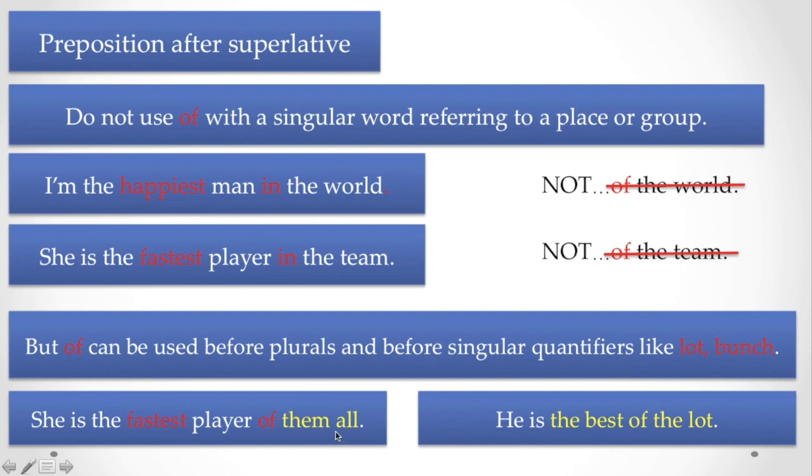They are plural in number. The word is plural. So in that case you have to use of. So remember this rule properly. If the word refers to a singular word or singular thing or a place, it is in. But in case of plural, it is of. And he is the best of the lot. Here you find the quantifier lot is used. So the preposition is of.